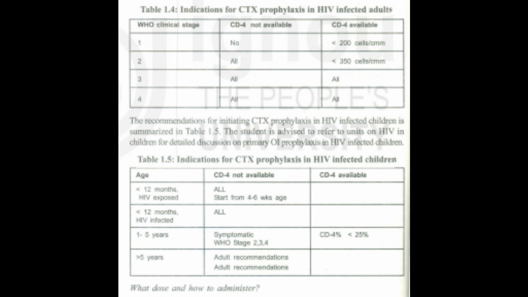1.7.2 Which diseases require prophylaxis? The diseases potentially requiring prophylaxis in HIV-infected individuals are Pneumocystis jirovecii pneumonia, PCP, Mycobacterium tuberculosis, Mycobacterium avium complex, MAC, cryptococcal meningitis, candidiasis, toxoplasmosis, CMV retinitis.